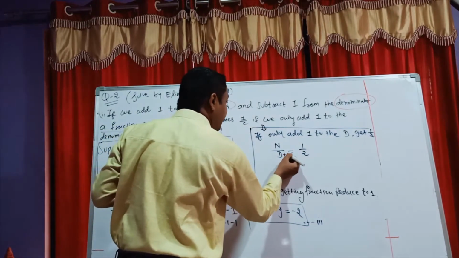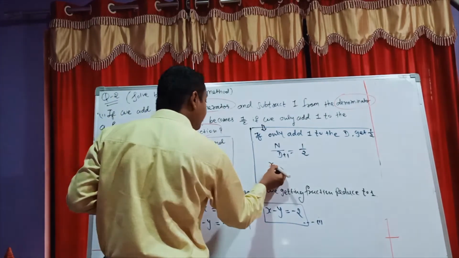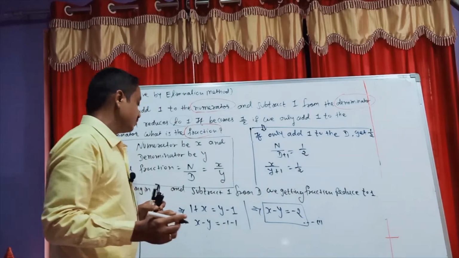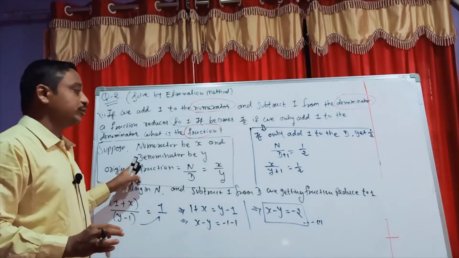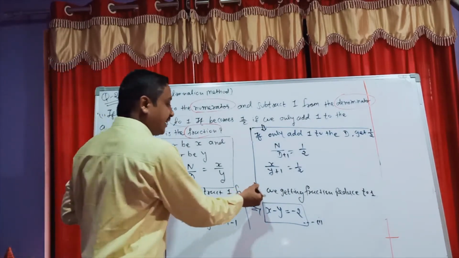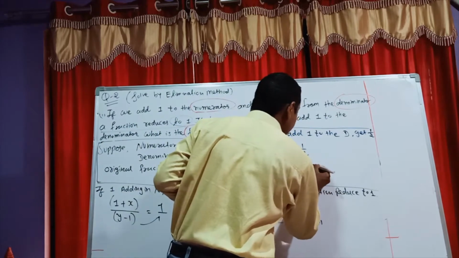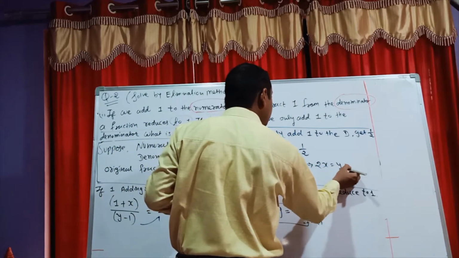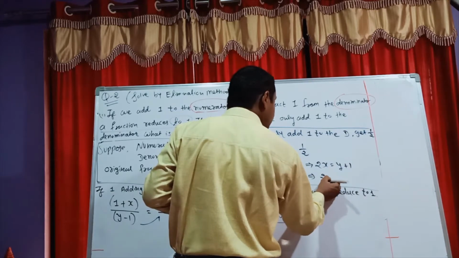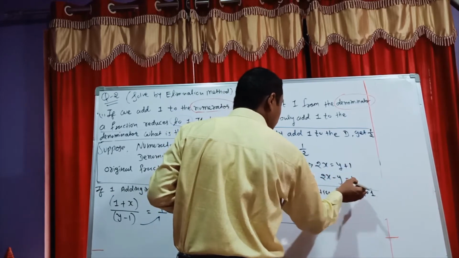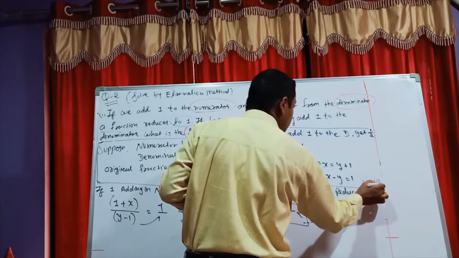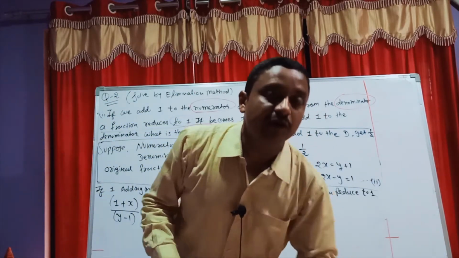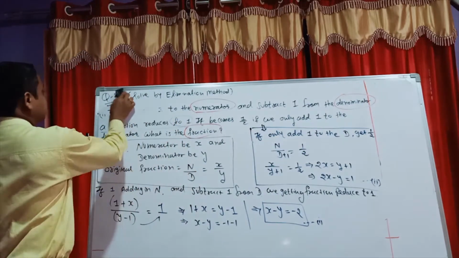So here it is x by y plus 1 is equal to half. Because numerator is x assumption, denominator is y assumption, and I simply take the LCM. So what do you get? 2x is equal to y plus 1. It means 2x minus y is equal to 1. Statement number 2.